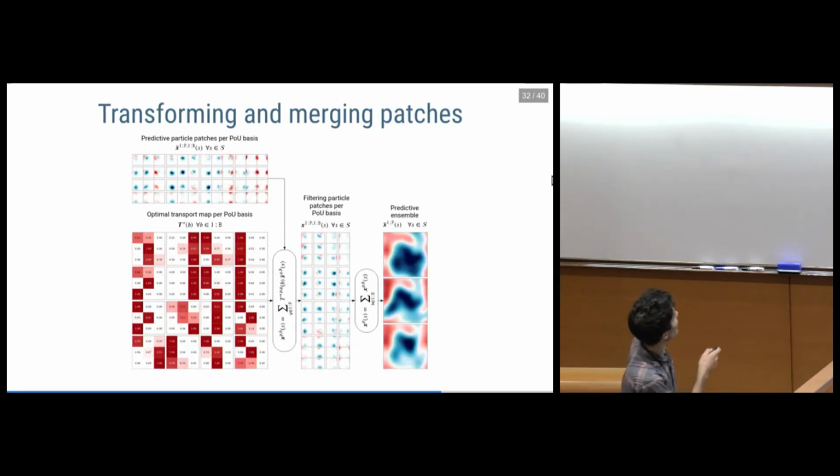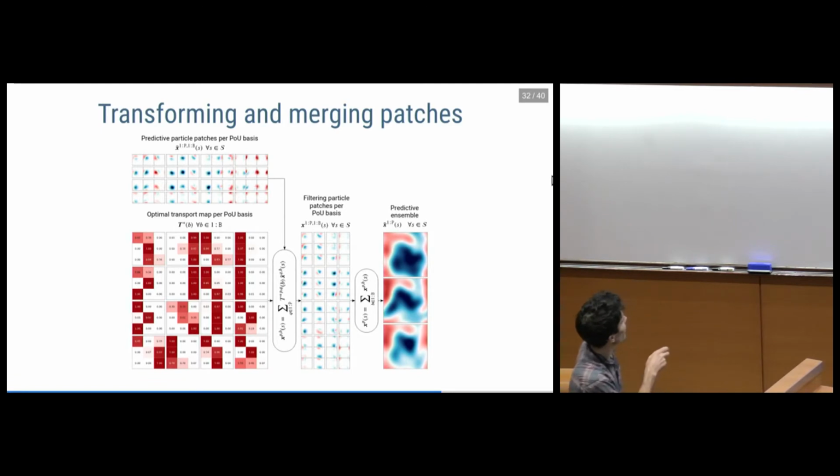And then, looking at those patches defined in the first of the series of figures, they are the basis functions multiplied pointwise with our original predictive distribution particles. We can now do the ensemble transform update to each of those patches individually.